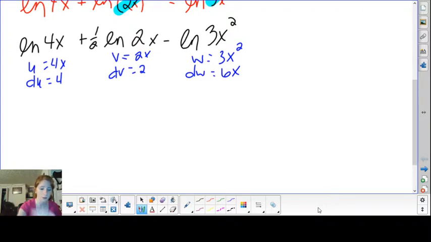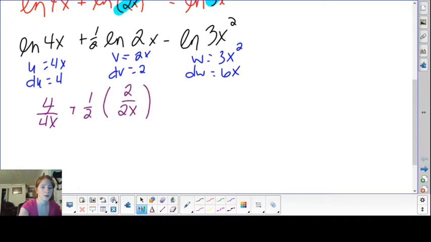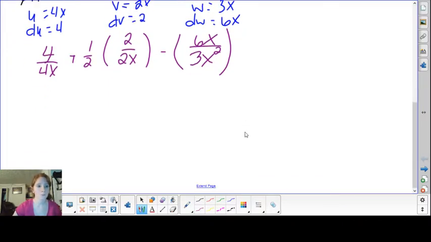That first term will turn into 4 over 4x plus 1/2 times 2 over 2x minus 6x over 3x squared. Four over 4 will reduce down to 1 over x.